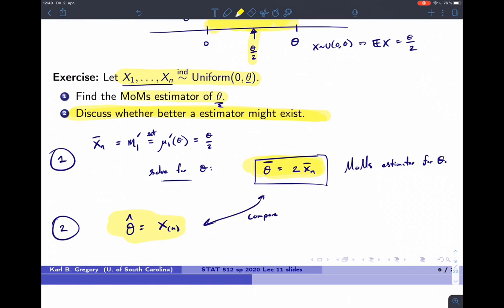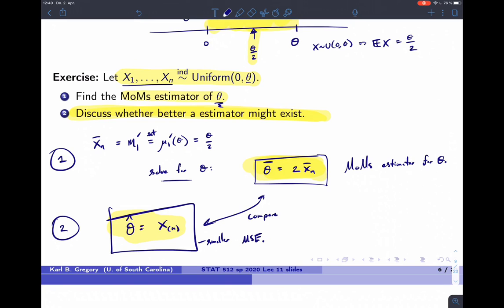At that time, we didn't know that this estimator had a name as the method of moments estimator, though we have studied it before. And if you remember, we found that this estimator has a smaller mean squared error.